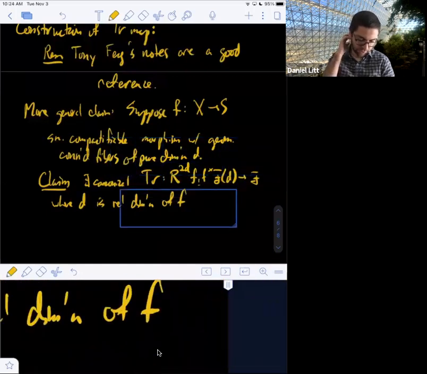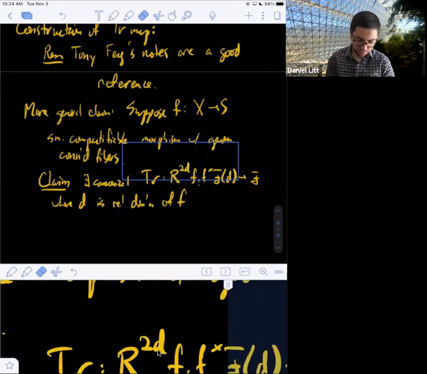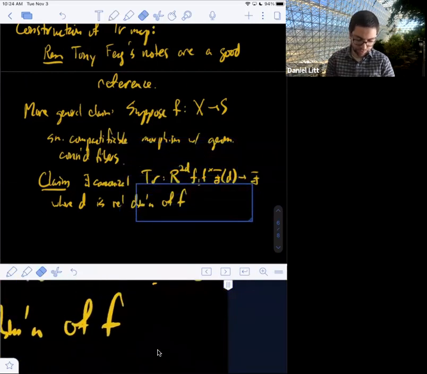Oh, I said geometrically connected fibers and smooth, so I guess it's actually okay. Yeah, so d is the relative dimension of f here.